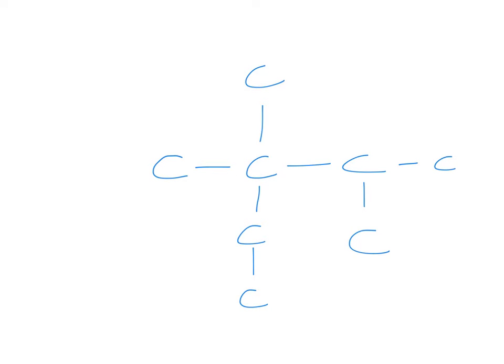If I count my number of carbons, I've got 1, 2, 3, 4, 5, 6, 7, 8. So I have 8 carbons. So 8 times 2 is 16, plus 2 is 18 hydrogens. That's how many hydrogens my hydrocarbon should have.